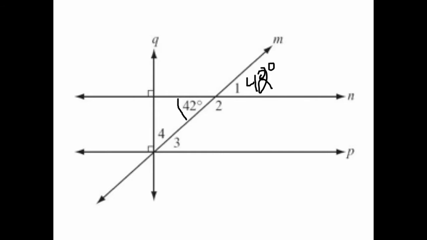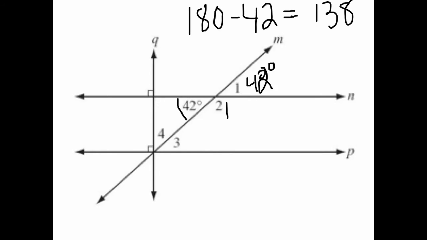Now, I see that 42 degrees is going to be supplementary to angle 2 because it's along a straight line. So I can do 180 minus 42. And if I do that math, that comes out to 138 degrees.